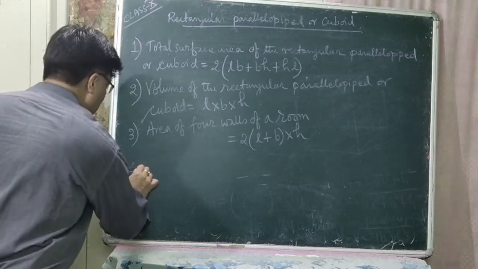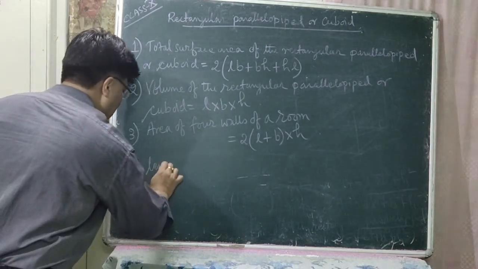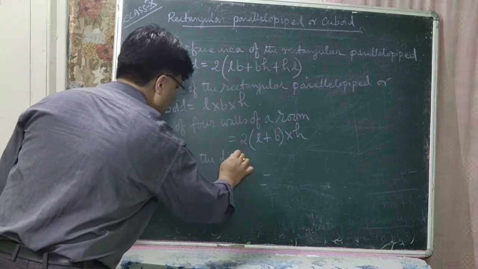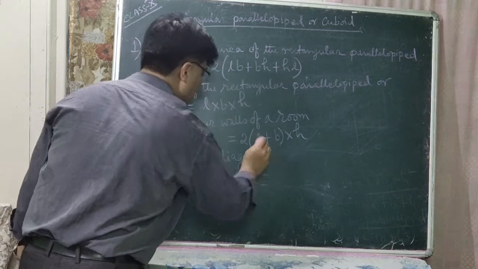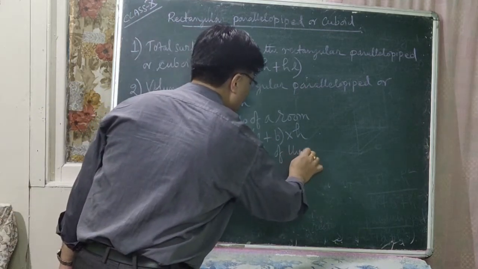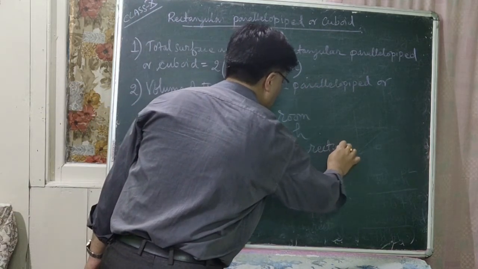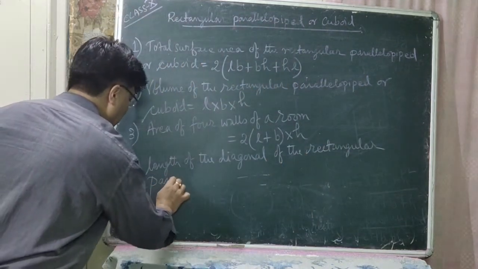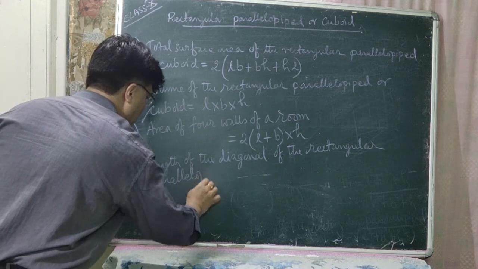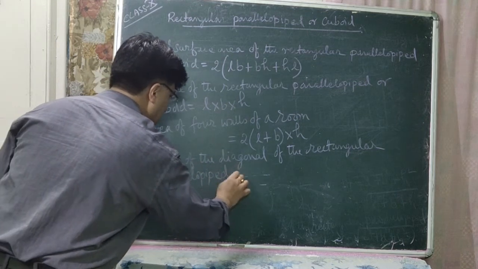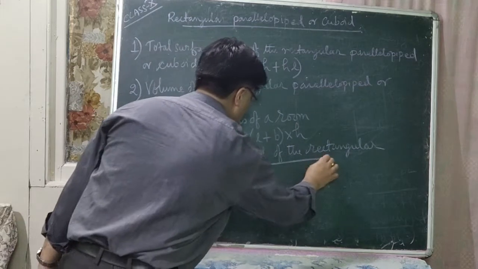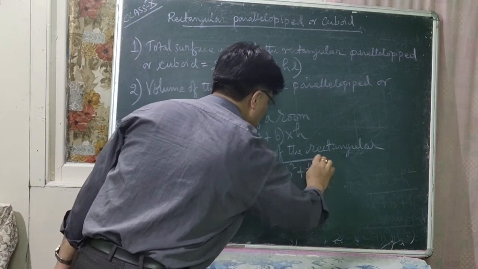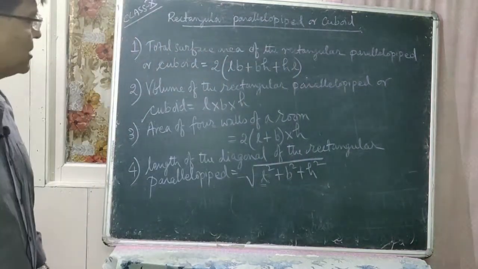And number 4 will be your length of the diagonal of the rectangular parallelepiped is equal to, what is the formula? It is root under L square plus B square plus H square. Is that clear?